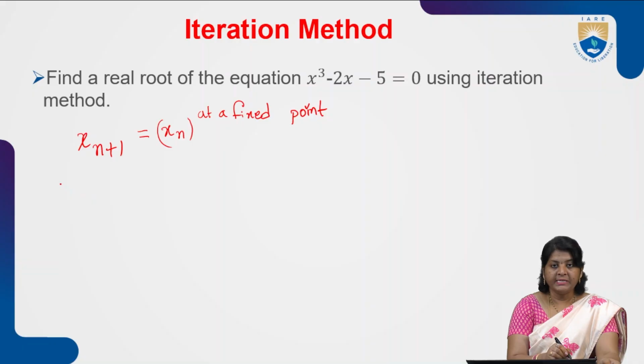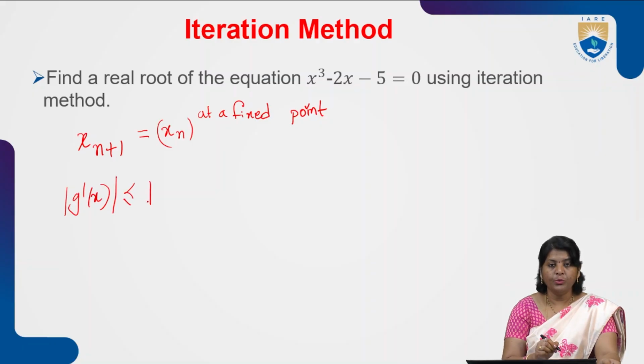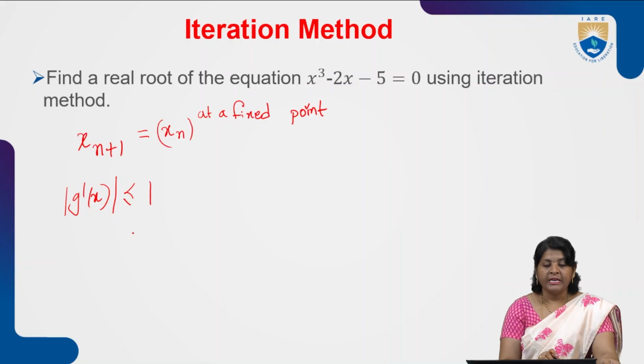Here we need to satisfy a condition that g dash of x for the given function should be less than or equal to 1. To satisfy this condition, we need to rearrange the given function in a proper way.